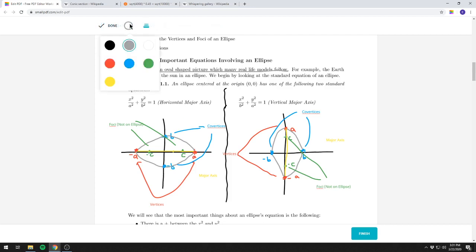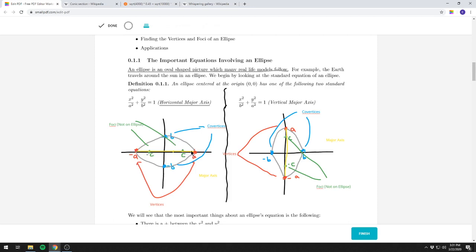Right, so if the bigger number is under x squared, then it's going to have a horizontal major axis. And what goes on if you have a horizontal major axis? Right, you can see the picture I've drawn here. The gray part is supposed to be the ellipse. At the ends on the x-axis, at negative a and a, which correspond to the same a right here, are what we call our vertices.